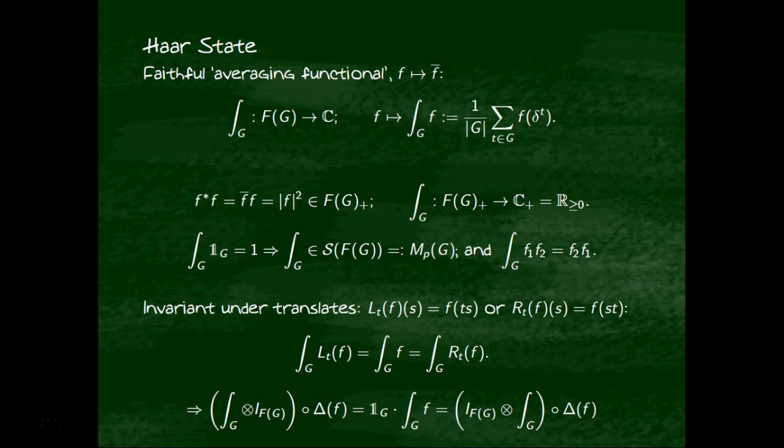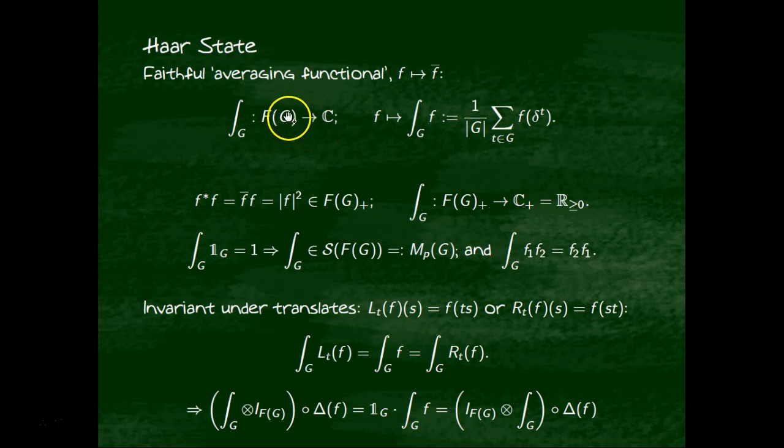The next thing that's interesting, now the two things that you want to do with groups is you want to do averaging and you want to do representations. Now we're not going to quite have the time for representations in this video, but we can certainly look at the averaging. So we've got this faithful averaging functional, which, like in undergraduate statistics, is the average.